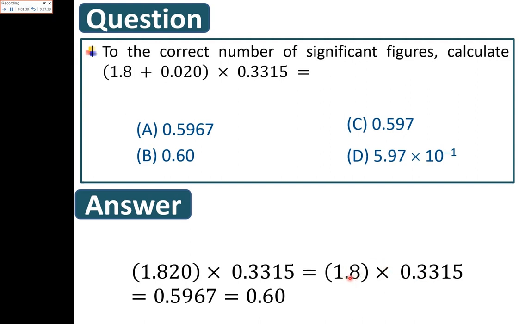Now, this number has 2 significant figures, and this one has 4 significant figures. So by the rule for multiplication, the result should contain only 2 significant figures. So the answer will be 0.60, definitely number B here. So this is the correct answer. I'm sorry, here we missed writing the 0.6. We'll correct this in the PDF file, inshallah.